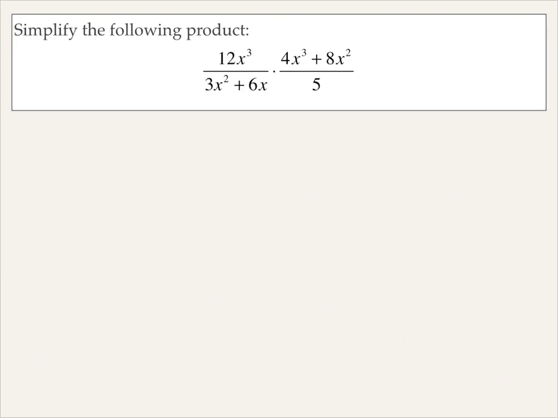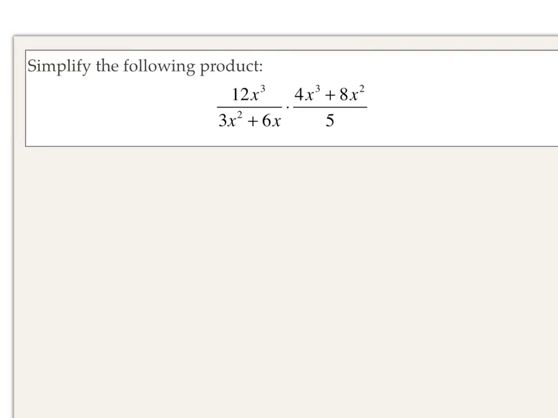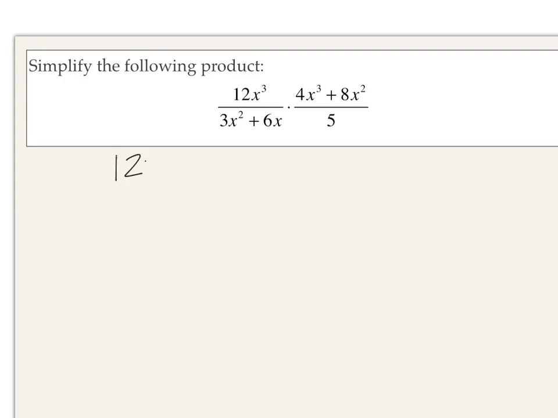Okay, so let's look at another one here. So here there's a couple different things that can factor. I can factor 3x squared plus 6x, so I will. So if I factor that, what can come out of 3x squared and 6x? 3x, thank you.